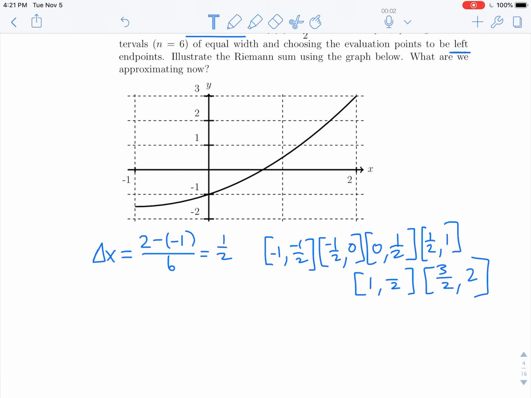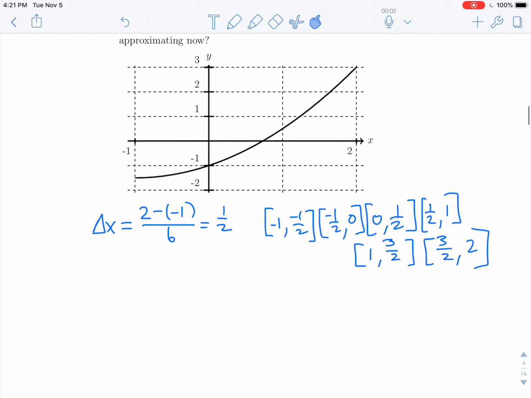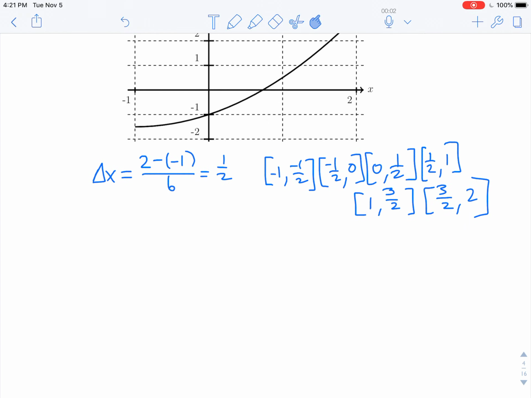Double check that we have 6 subintervals, but we do. We have the right number, and we have the right ones. And we're supposed to use left endpoints. So let's just go ahead and mark those. So the Riemann sum formula is exactly the same formula that we were using in the previous 2 sections.